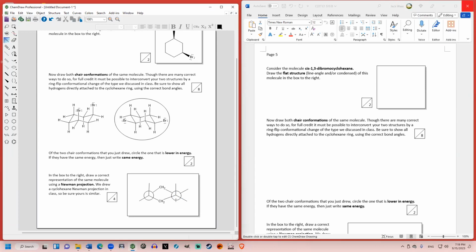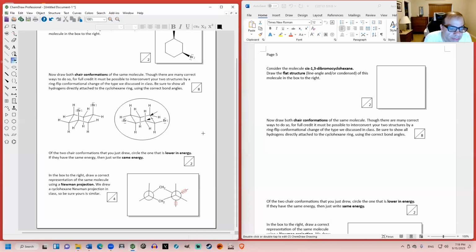Normally Newman projections I thought were like one circle. So I'm gonna ask why it's two this time. The reason it's two circles is because we're looking down two bonds at the same time, this one and this one, because those two bonds are parallel. Isn't that the same for every other chair conformation? Yeah, we're looking down two bonds at the same time.